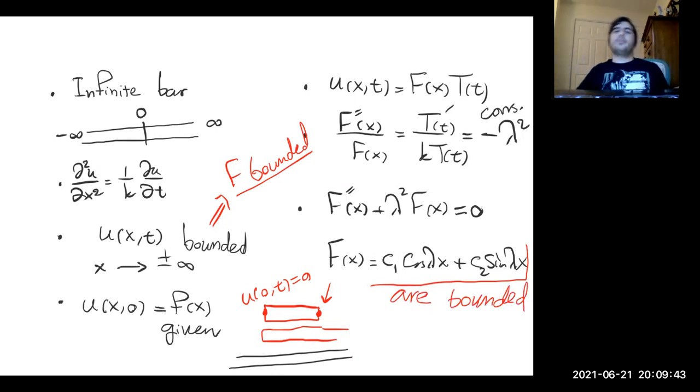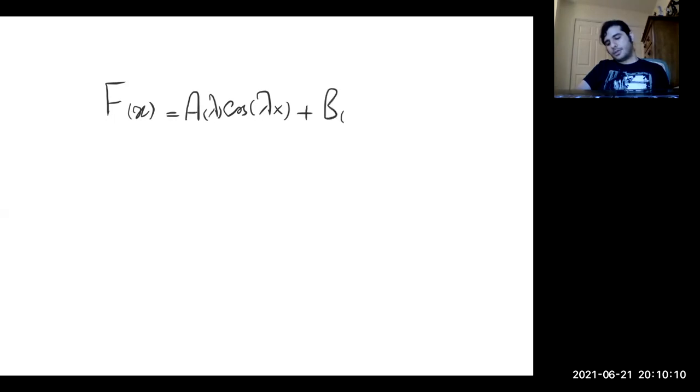We should keep both of these functions, sine and cosine. So the general form would be something times cosine plus something times sine. The general form of function f of x would be some coefficient a of lambda times cosine of lambda x, plus b of lambda times sine of lambda x.